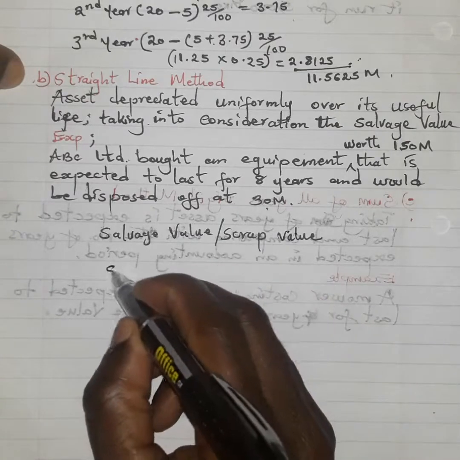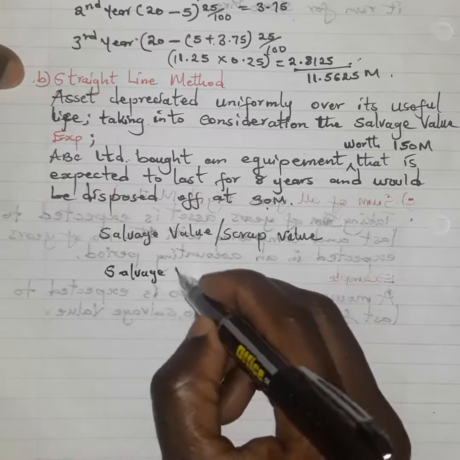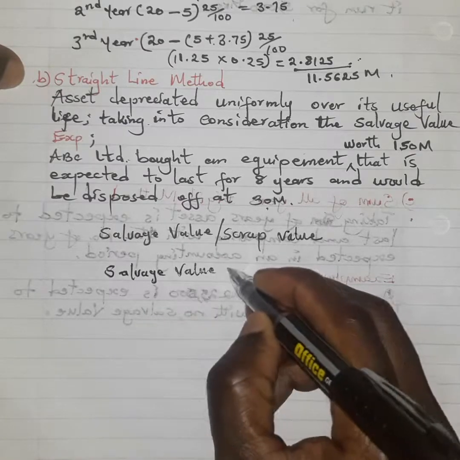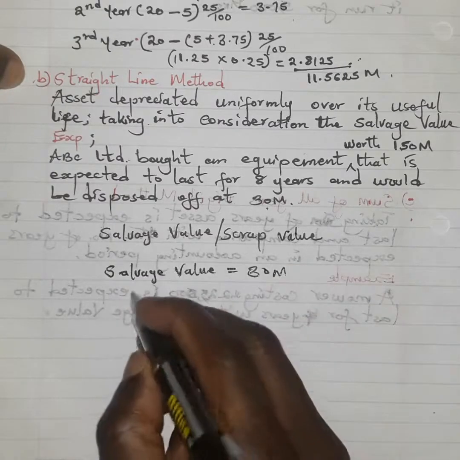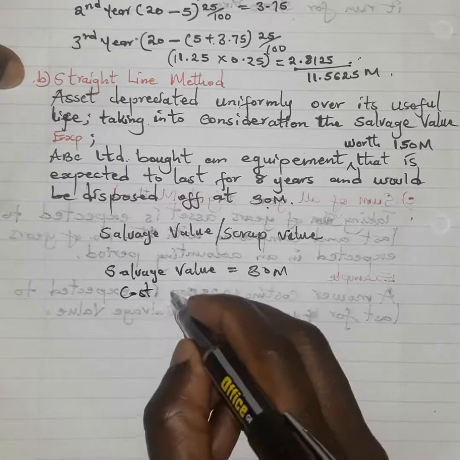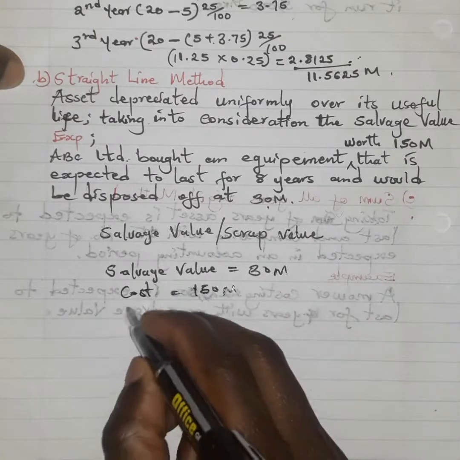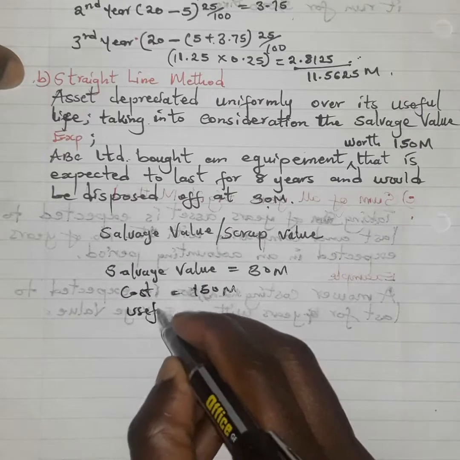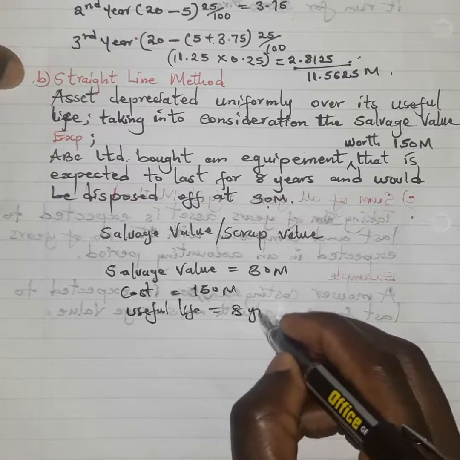So in this case, our salvage value is 30 million. The cost of the machine is 150 million. And the useful life is 8 years.